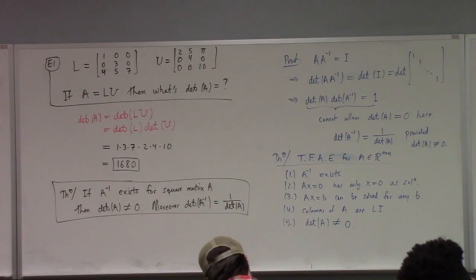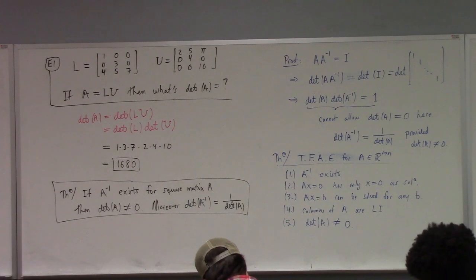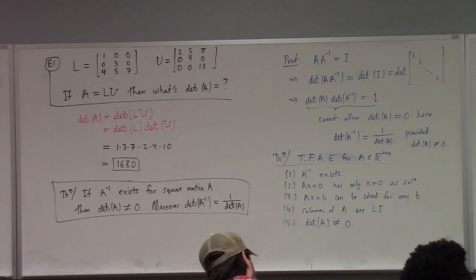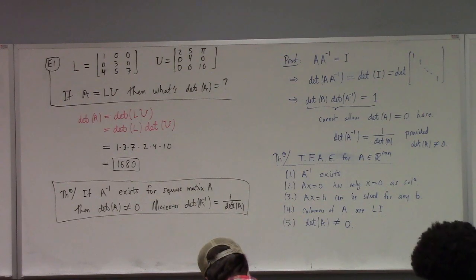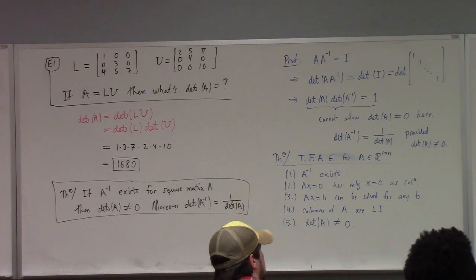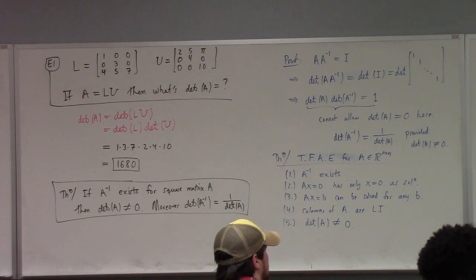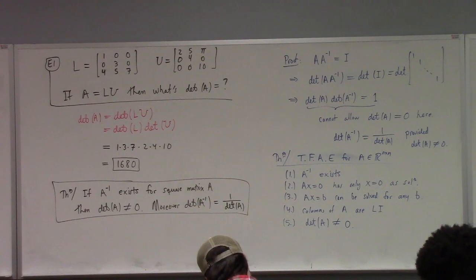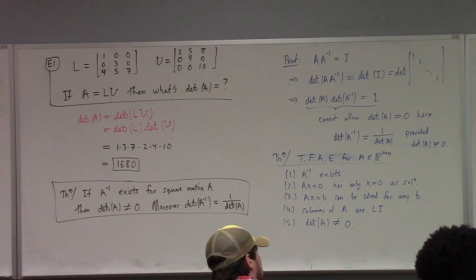The A sub i's are all square, and we usually call them blocks. And zero everywhere else off the blocks. This is what's called a block diagonal matrix.